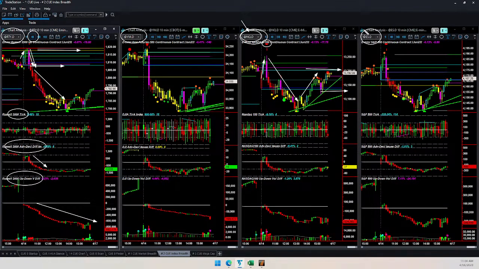SPY, S&P 500 futures here, tried to go up, displayed bearish headwind at the very top, reversed sharply, however recovered to close inside the early range.